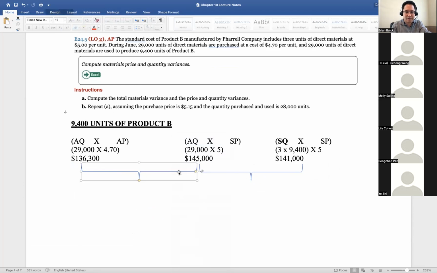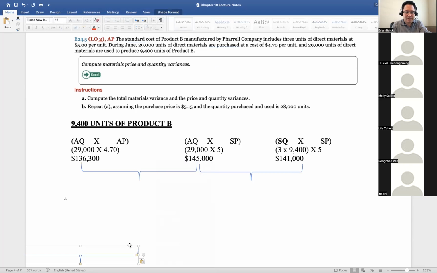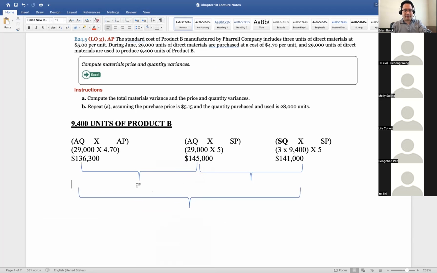And then I can get a variance between the first number and the last number. Okay, good. All right, so this is called the price variance.